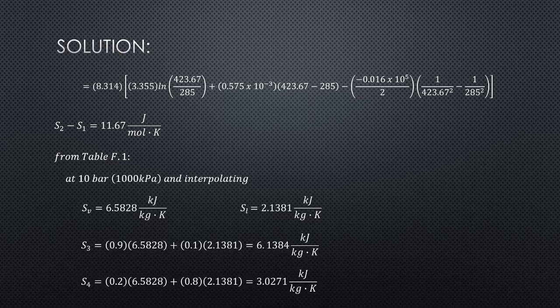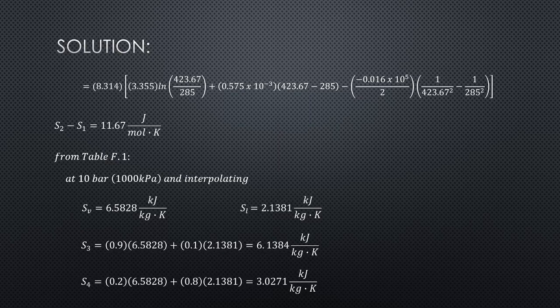So also from table F.1, we can get the entropy of the saturated vapor and the entropy of the saturated liquid. That is at 10 bar or 1000 kilopascals, SV is equal to 6.5828 kilojoules per kilogram K, and then SL is equal to 2.1381 kilojoules per kilogram K. And then just like what we did earlier, we can also make use of the quality of the vapor.